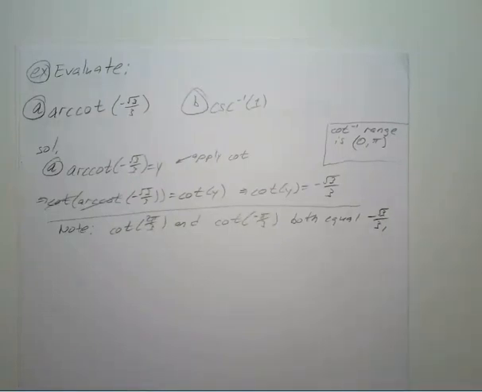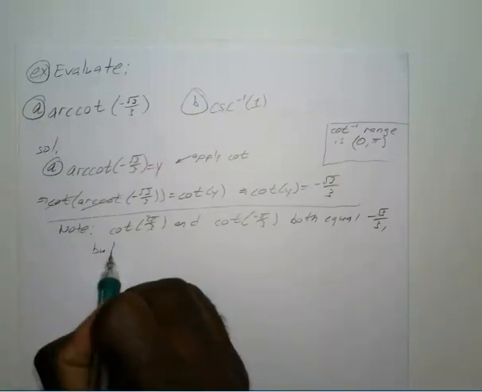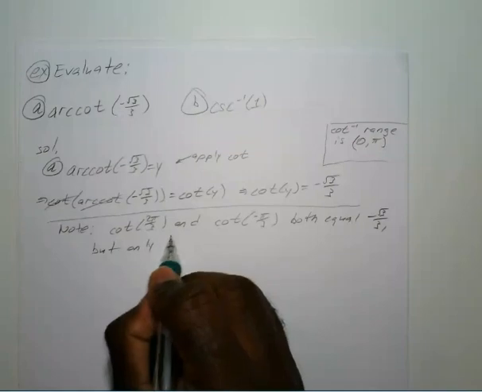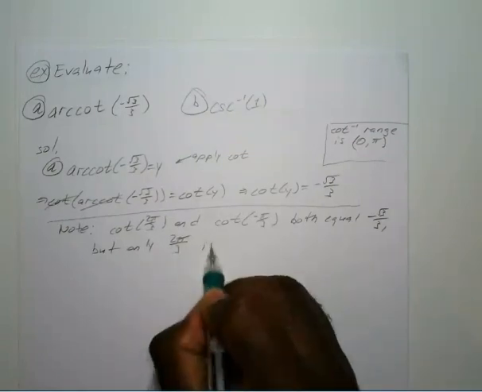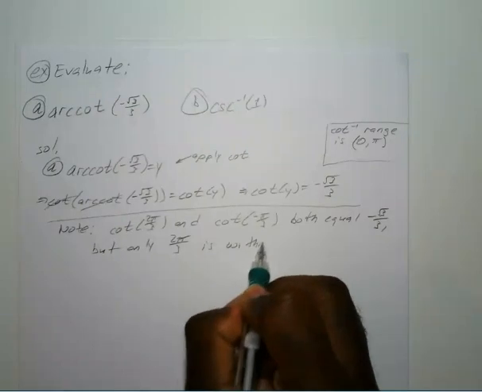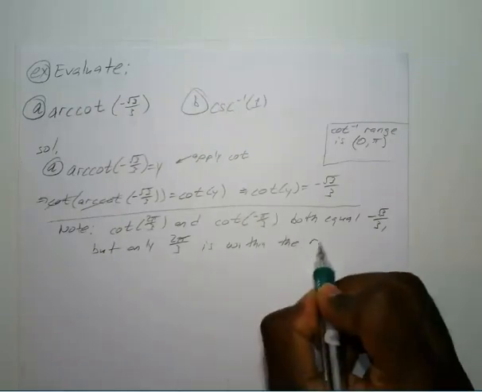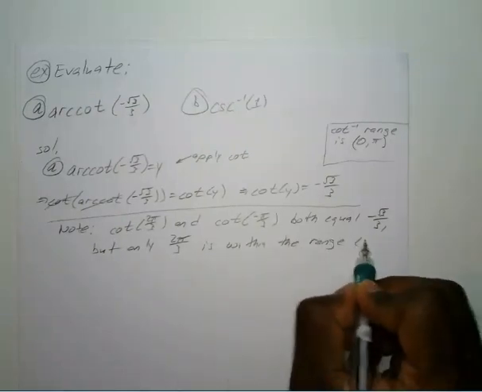But only one of them falls within that range. Only 2 pi over 3 is within the range of 0 to pi.